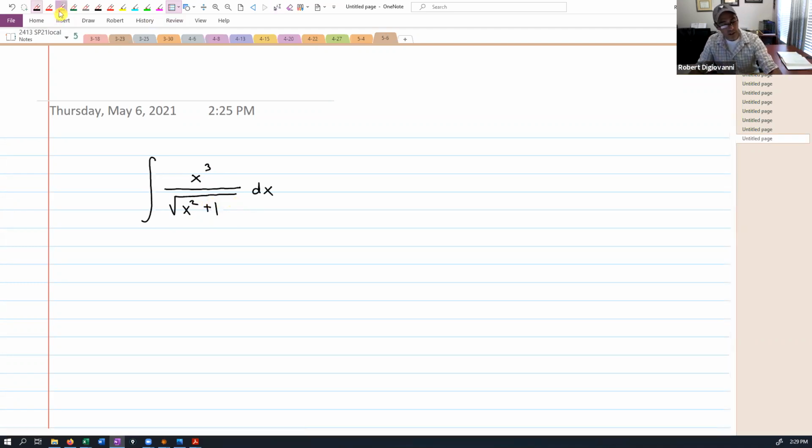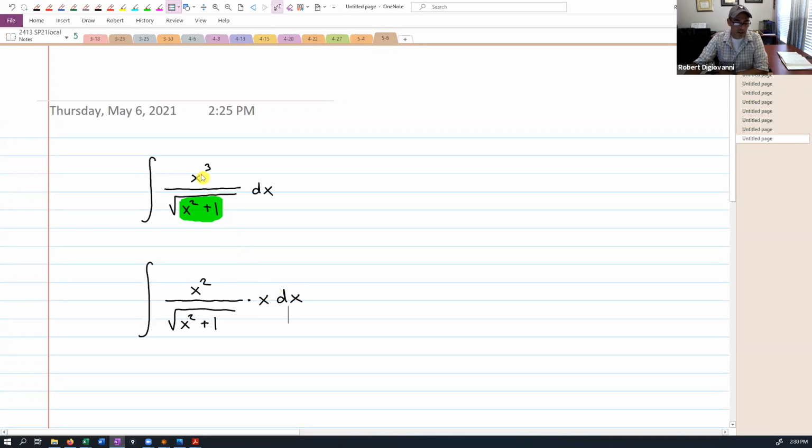The real thing to see is that if you let u be x squared plus 1, the derivative is 2x, which we don't see unless we take the x cubed up top and peel one of the x's off to the side. So we just take one of the x's from here and drop it here. And now I see the derivative of x squared plus 1. I'm off by a constant, right? I'm off by a constant.